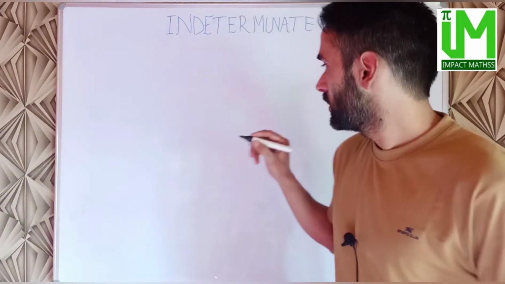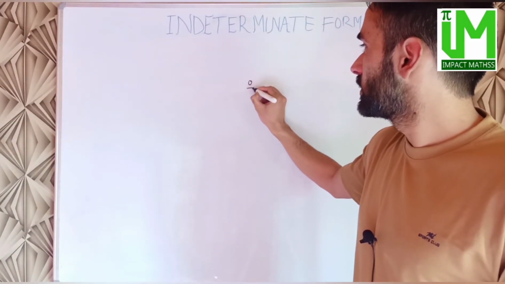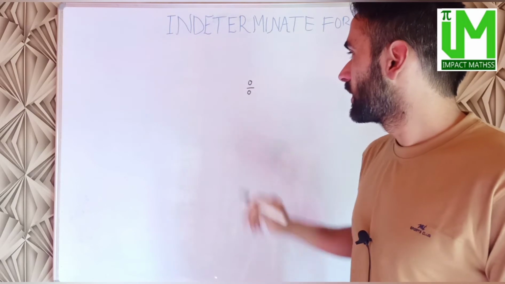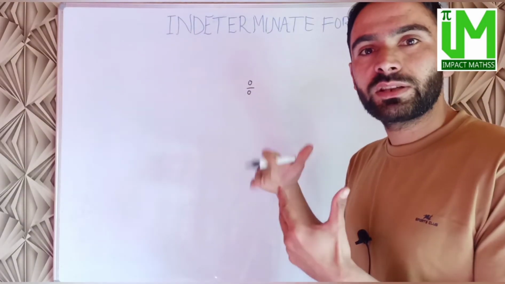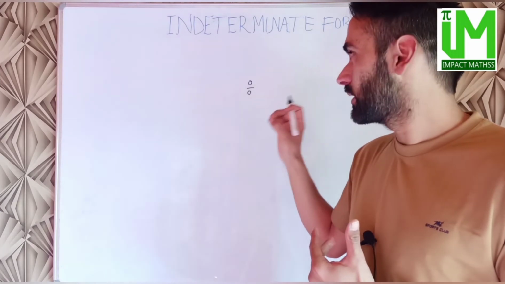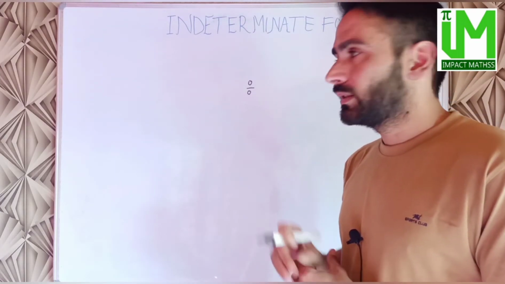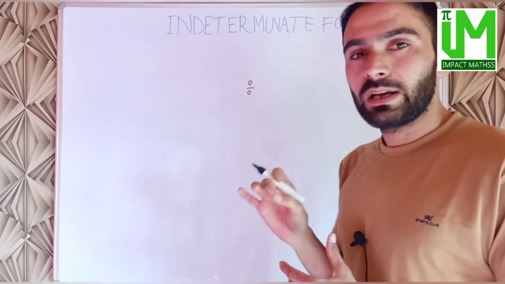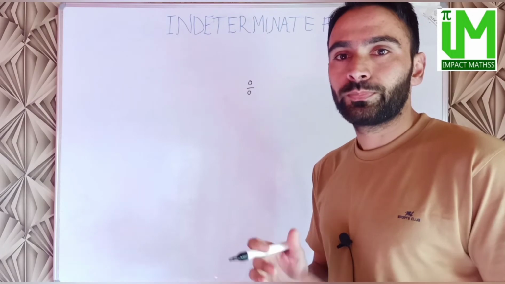As an example, if we have the indeterminate form of the type 0 by 0, then 0 over 0 का एक हम precise या exact value नहीं दे पाएंगे because we do not know its exact or precise value, then this form will be called an indeterminate form.